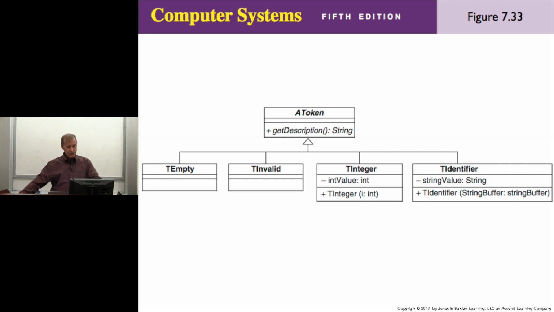The class TInteger also has a method TInteger, and because the method has the same name as the class, that is a constructor. When does it get executed? What operation triggers the execution of the constructor? New. When you do new, that's a dynamically allocated variable.